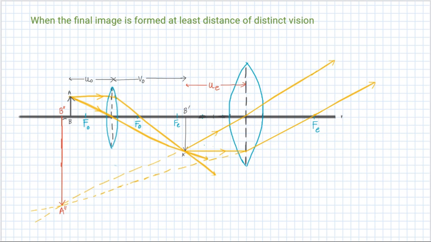If the image is formed beyond this distance, then you cannot see a clear image. So the final image A double dash B double dash is formed at the least distance of distinct vision, and this distance we will denote with capital D. Fine. So this is the least distance of distinct vision. So let me write down here.